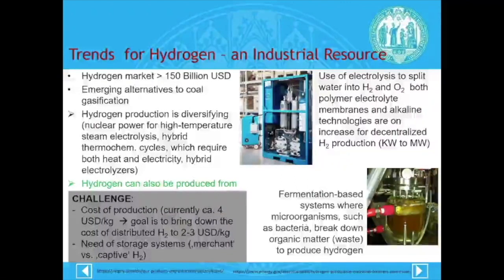And water, especially saline water, seawater, is a very abundant source to create hydrogen by splitting water. Now, the water splitting reaction is very well known in nature, mostly done by photosynthesis.